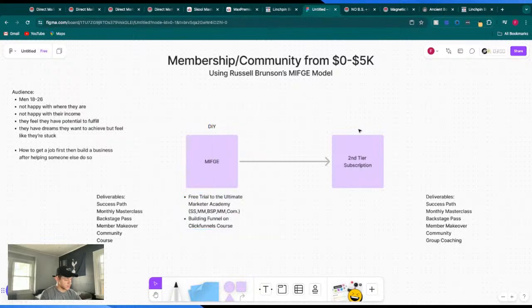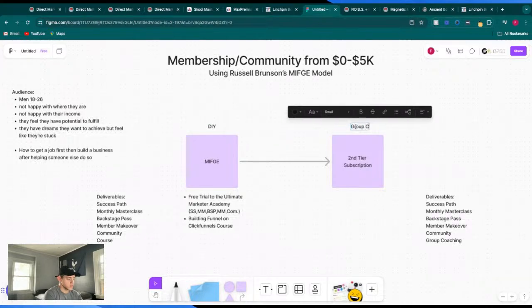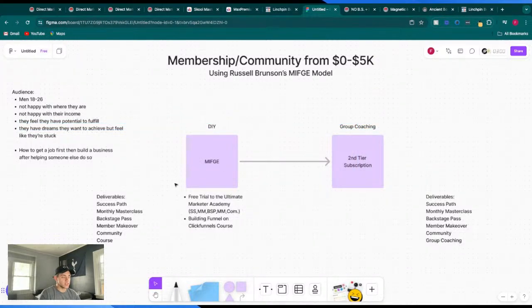And then here, it's group coaching, and it's just more intimate. So that's the difference between these two. But essentially, they're still walking the same path. So the group coaching is going to help you get the result even faster.